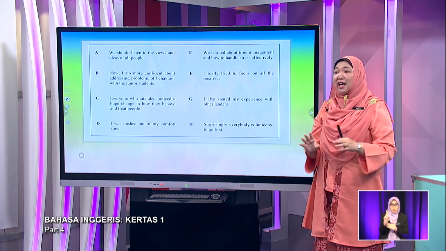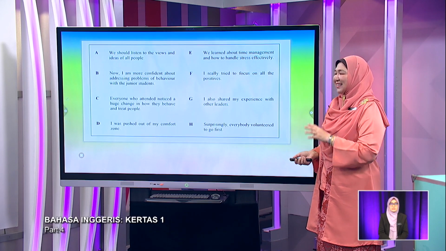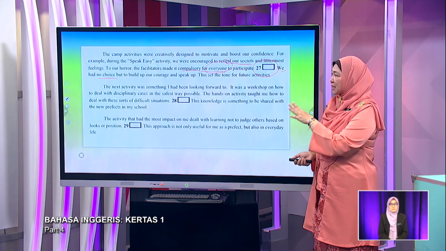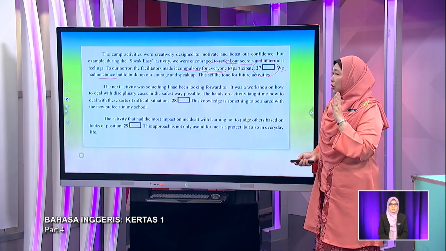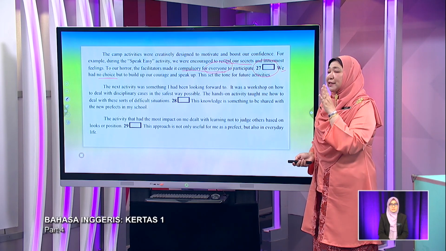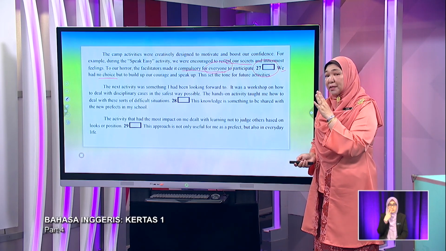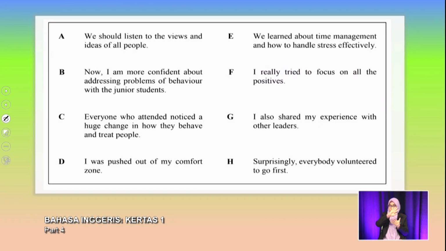Talking about everyone. Remember? First, meaning that compulsory, no one is exempted, no choice, need to speak up. So here, to our horror, the facilitators made it compulsory for everyone to participate. So number 27, surprisingly, everyone volunteered to go first.